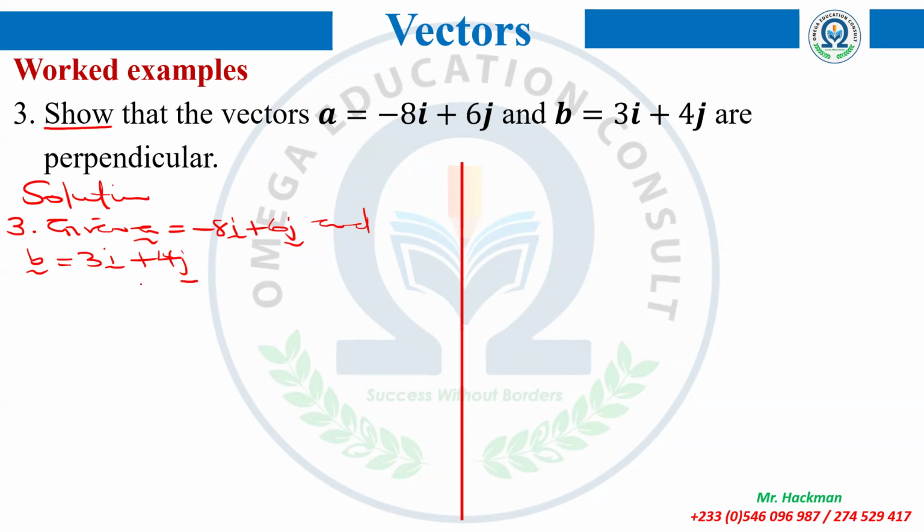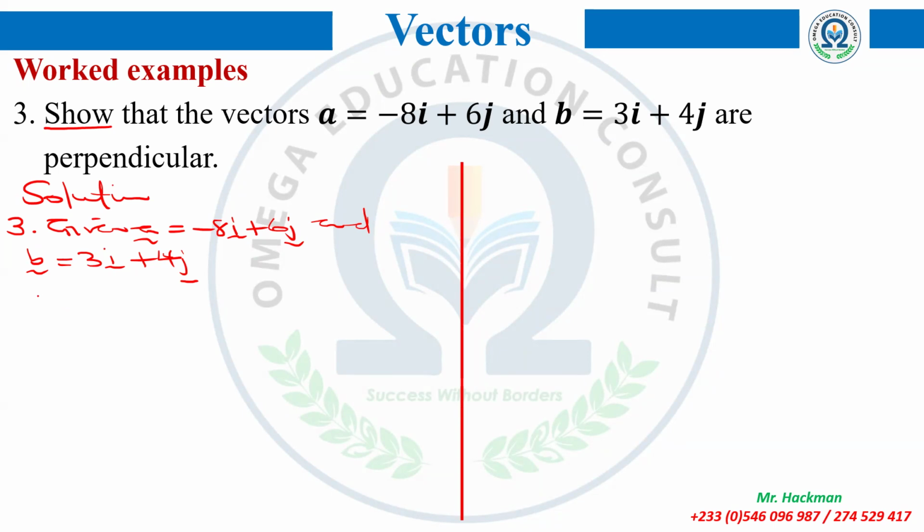Now, you need to state your condition for the two vectors to be perpendicular. You know that if two vectors are perpendicular, then the angle formed between them is 90 degrees. So don't go and find the size of the angle, because there is a condition that lets us know the vectors meet at an angle of 90, being perpendicular.